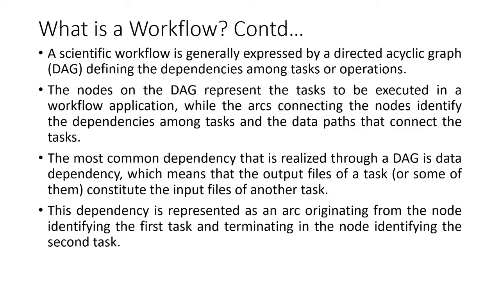The most common dependency that is realized through a directed acyclic graph is data dependency, which means that the output file of a task constitutes the input of another task. This dependency is represented as an arc originating from the node identifying the first task and terminating in the node identifying the second task.